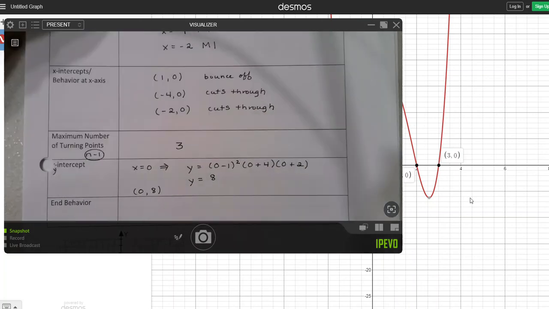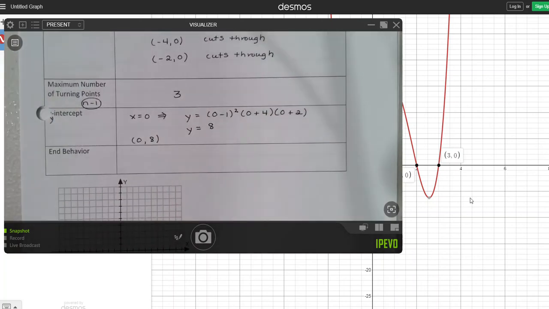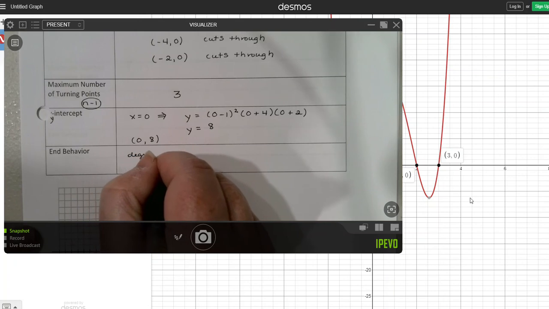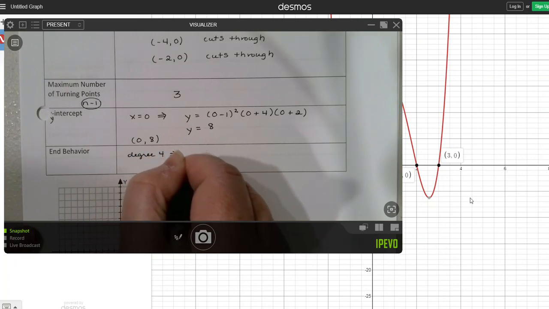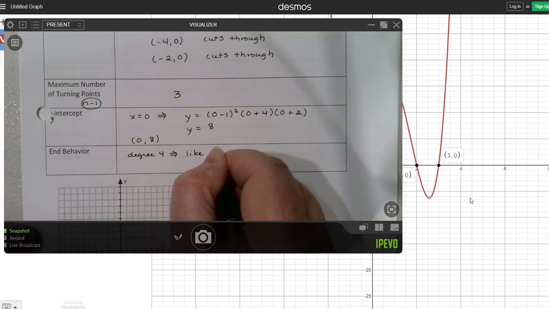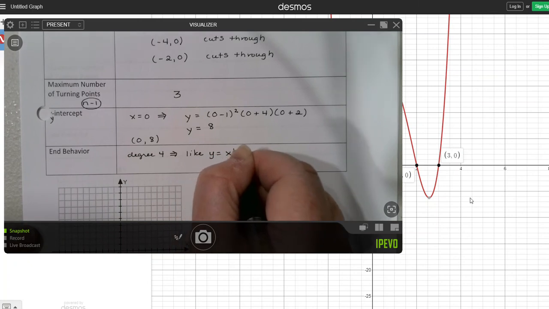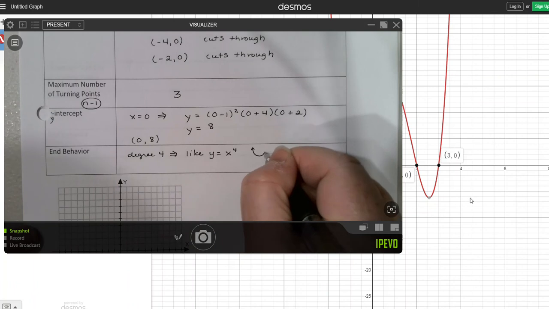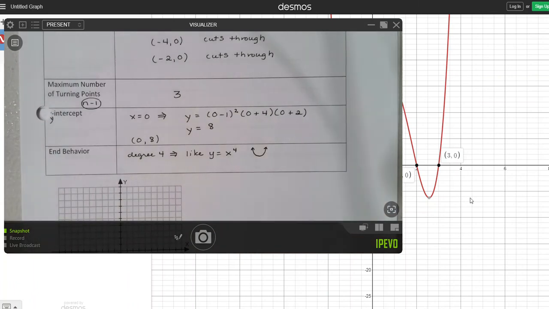And then the final thing I'm being asked to do is to determine the end behavior. This is degree 4. So this is going to be like y equals x to the fourth. Even power, so parabola-like, both ends go up.